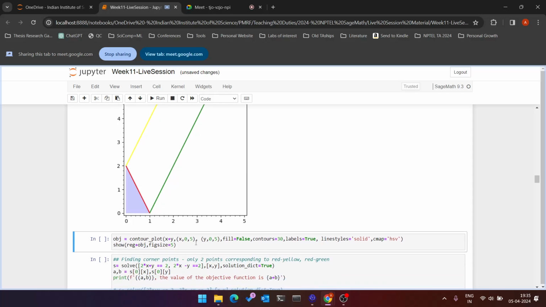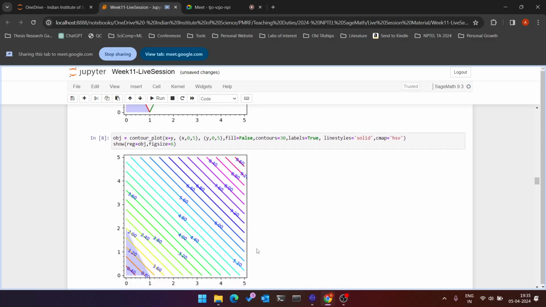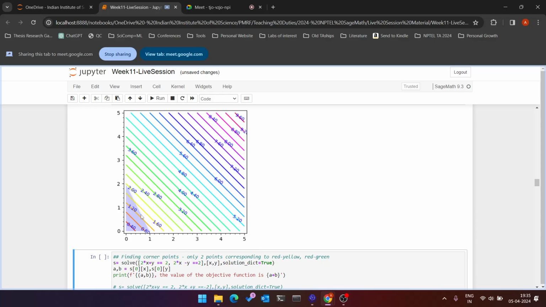If I now plot a contour plot for my objective function, which is x plus y, again in the same ranges of x and y, I see the contour plot to be like this. From an eye test, it seems like the topmost vertex, x equal to 0, y equal to 2, is likely to have the maximum value of the objective function.